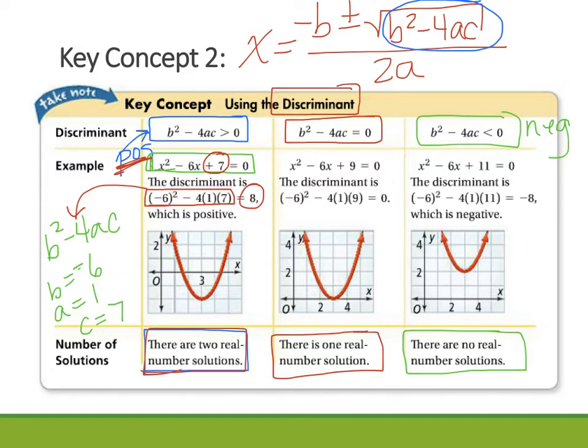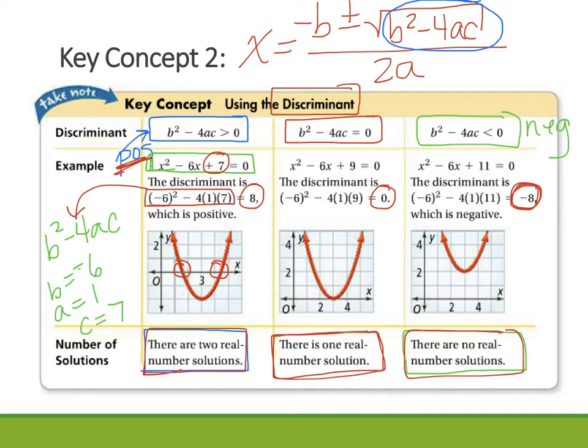If the number that had come back was 0, as in the case of the second example, that tells me that I only have 1 real solution. And if that value had come back as negative, as in the third example, that tells me there are no real solutions for the quadratic equation. And we've kind of talked about this before, that the solutions graphically are represented by the x-intercepts.